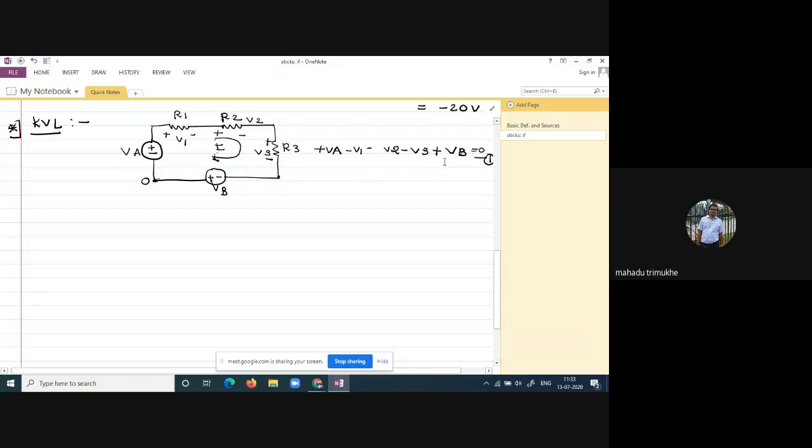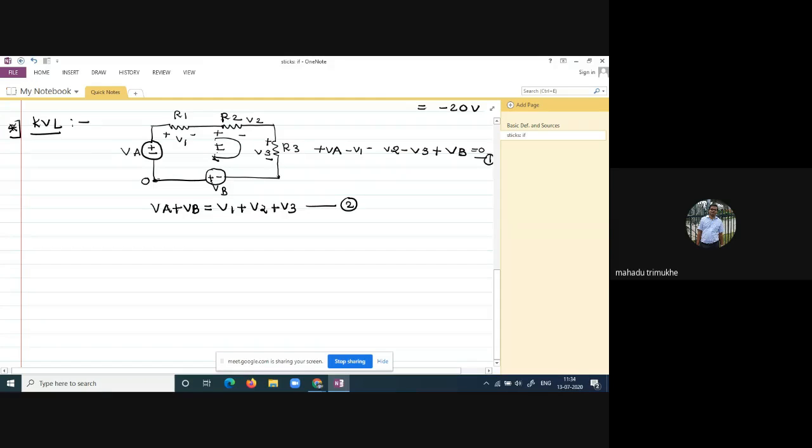Suppose we can write this equation like this, that is you have to separate out the voltage sources, VA plus VB is equal to V1 plus V2 plus V3. That is equation number 2.